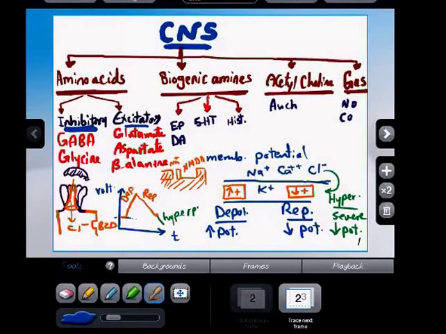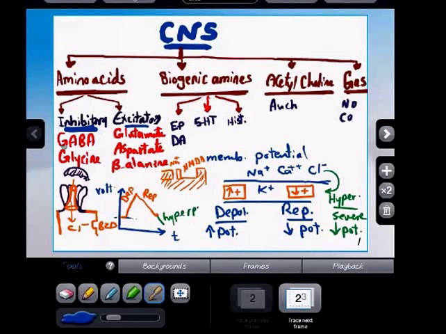After opening of the chloride channel, chloride enters the cells, leading to hyperpolarization, which is the inhibitory action of GABA. The glycine receptor is present mainly in the spinal cord.